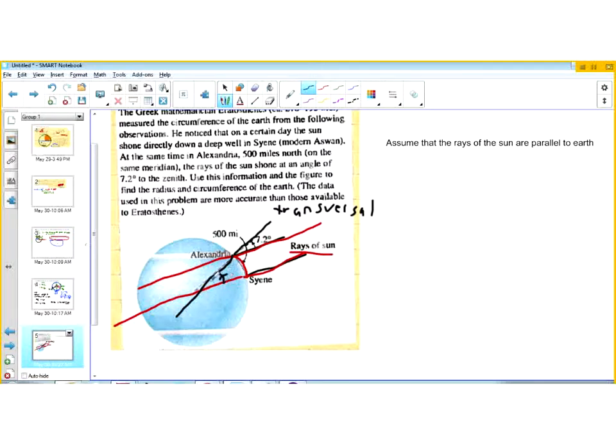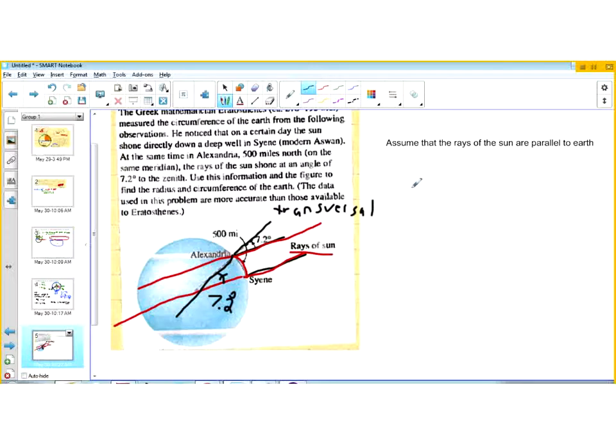From geometry, it was proven that the measure of this angle right here that I just accentuated has to be the same as the measure of this angle. So these two angles formed by a transversal slicing through two parallel lines have the same measure. That's a carryover from geometry. So both of these angles that are demarcated here have the same measures.